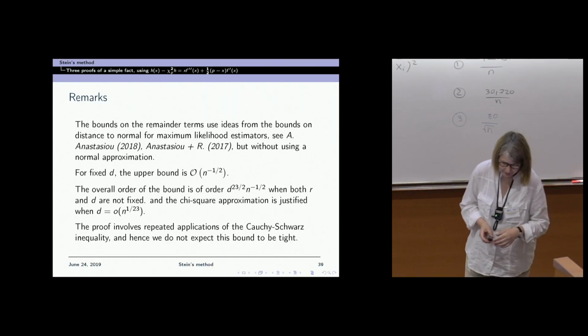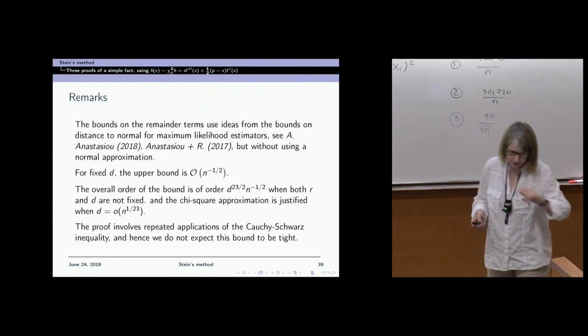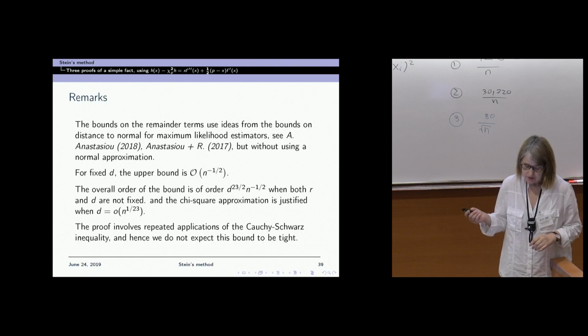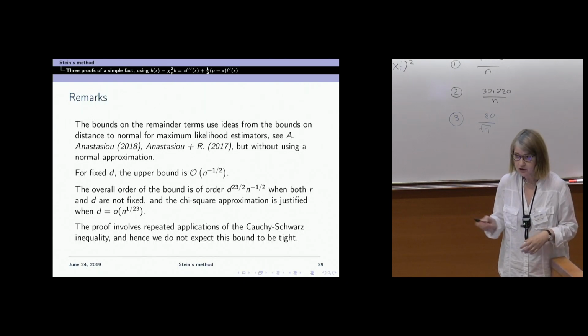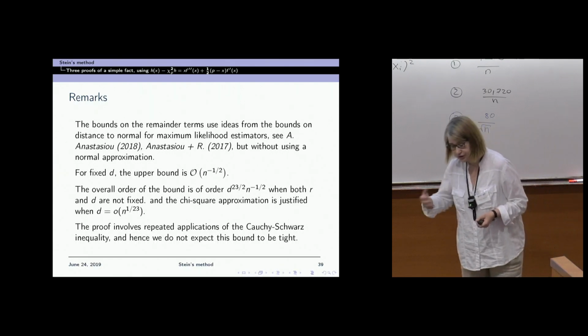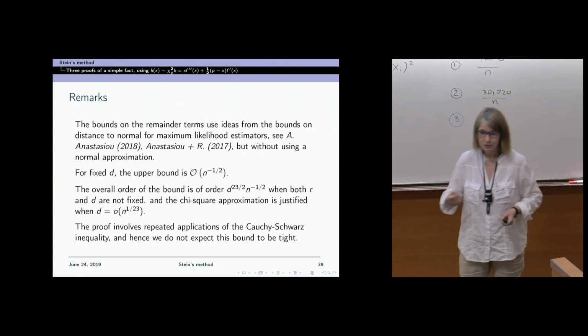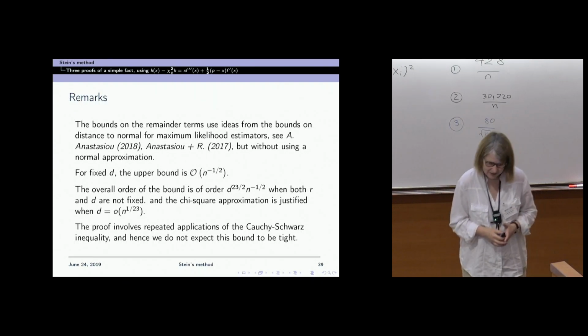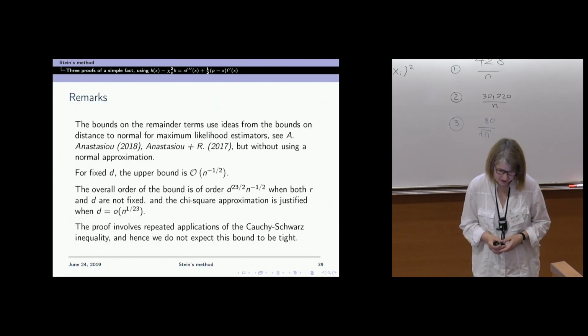What's also nice is that we've got a d-dimensional test problem here. So if we fix d, the bound is of order 1 over square root of n. And because for the maximum likelihood, we couldn't get anything better than 1 over square root of n, we didn't try very hard for the chi-square part, because that seemed to be not belonging in that paper.